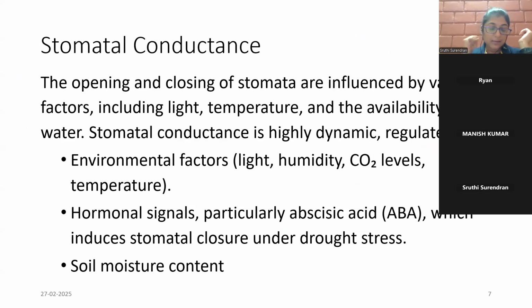Then again, within the plant, there are certain hormonal signals that are triggered as a result of stress conditions experienced by the plant, and this also sends signals to the stomata to open and close based on what kind of stress it is experiencing.